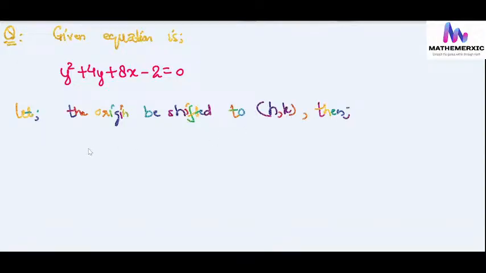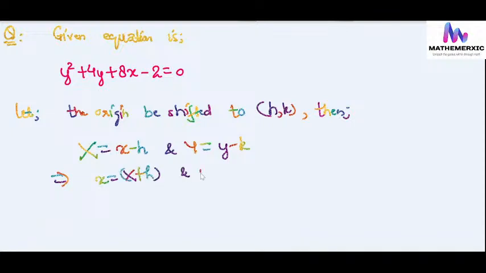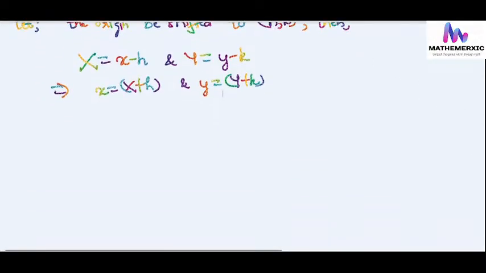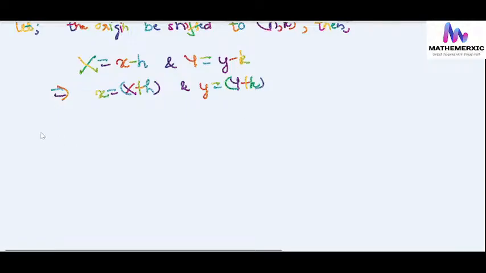Then I can say that capital X is equal to x minus h and capital Y is equal to small y minus k, and further this can be written as small x is equal to capital X plus h and small y is equal to capital Y plus k, right? And after this, substituting x comma y in the original equation.